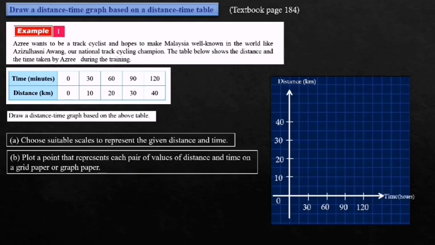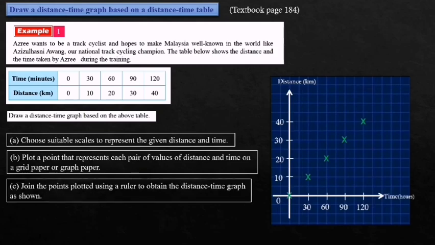So we start with 0, 0, 30, 10, 60, 20, 90, 30, and 120, 40. Last step, join the points plotted using a ruler to obtain the distance time graph as shown.